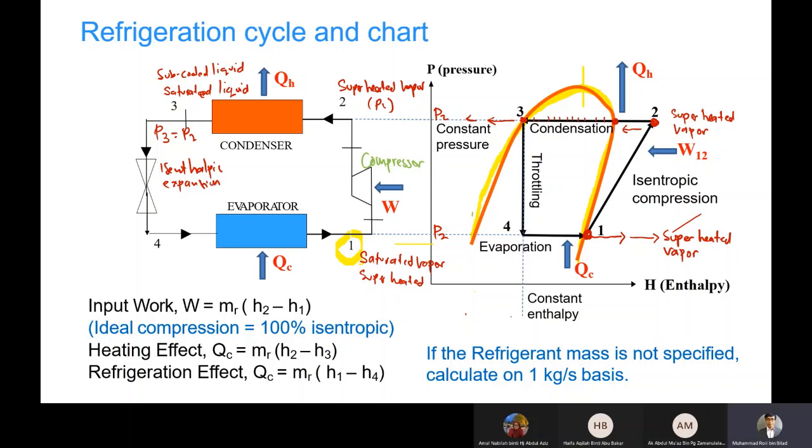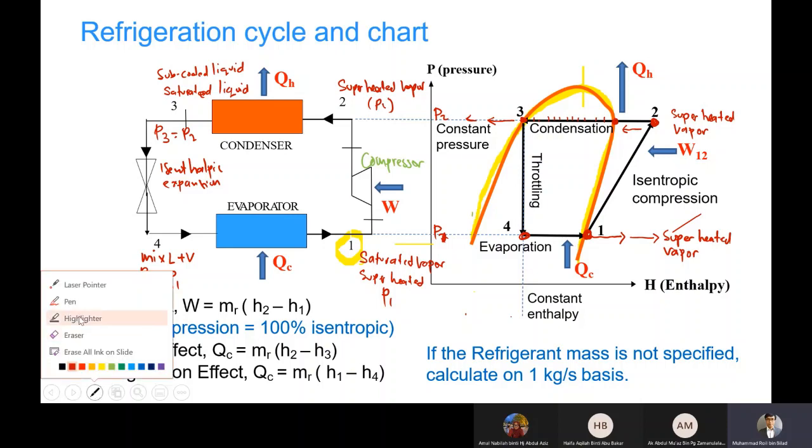The typical condition at point 4 is a mix of liquid plus vapor, exactly at point 4 here. This is at P1, so P4 is equal to P1. Remember, we changed the condition of the refrigerant.